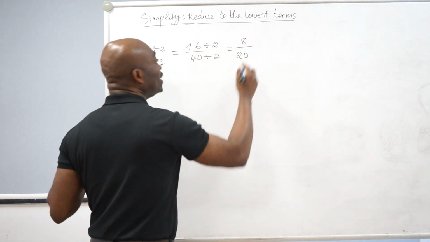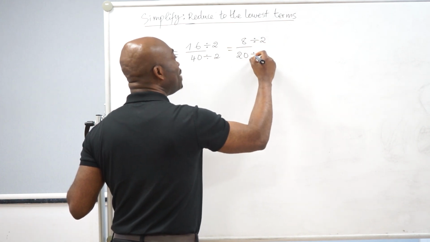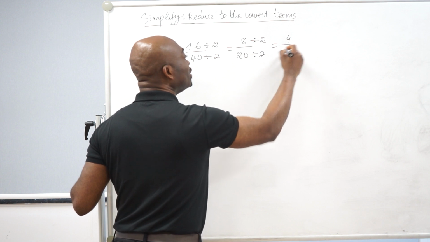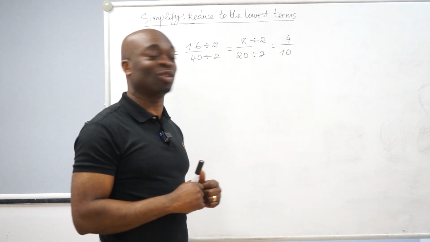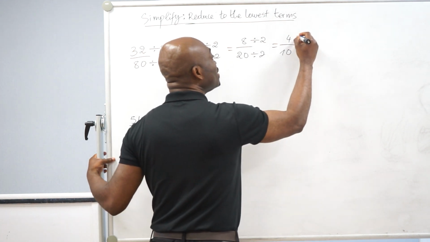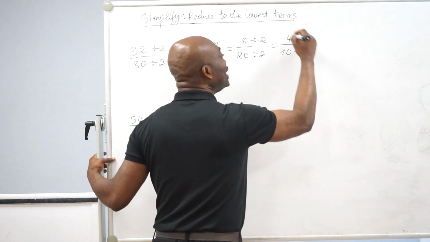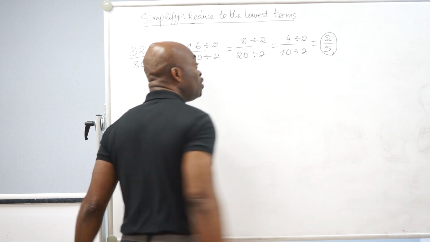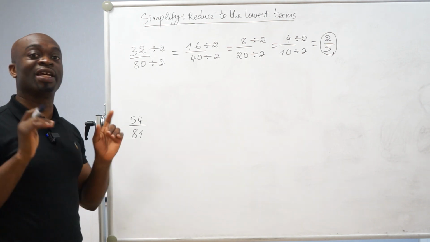So that means divided by 2, divided by 2, and then this is 4 over 10. Are you finished? No, because 2 can still go. So it is divided by 2, divided by 2, and then you get 2 over 5, which is going to be your final answer because there's no other number that can go into those two numbers evenly.